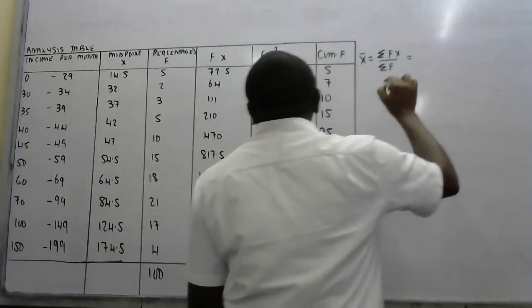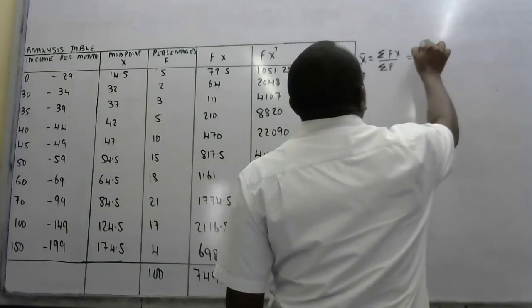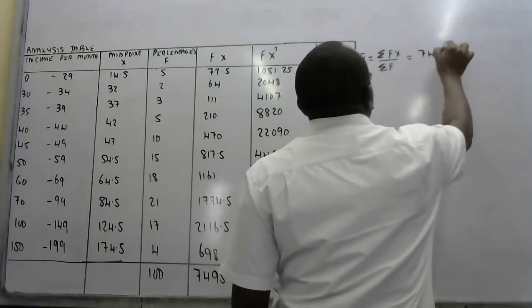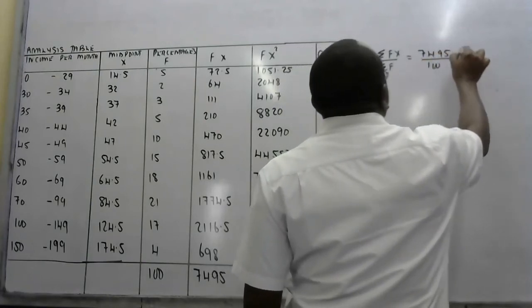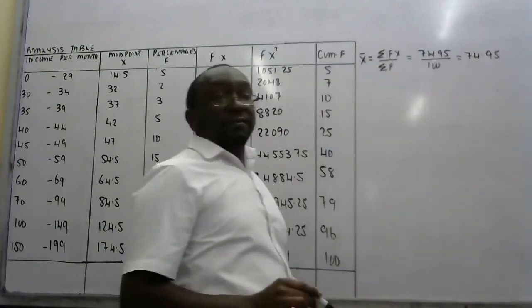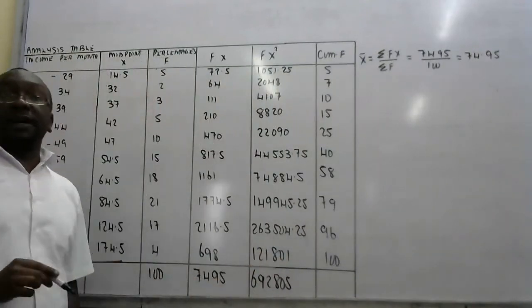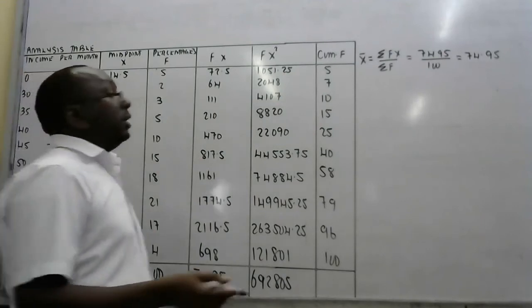Now this one is 74.95. You divide by sum of f, which is 100, and that is 74.95. That's one of the measures of central tendency. So you can go check how we compute the mode and the median.